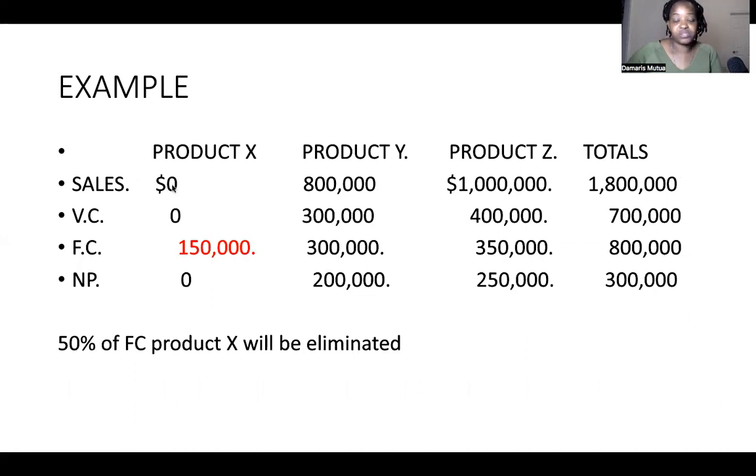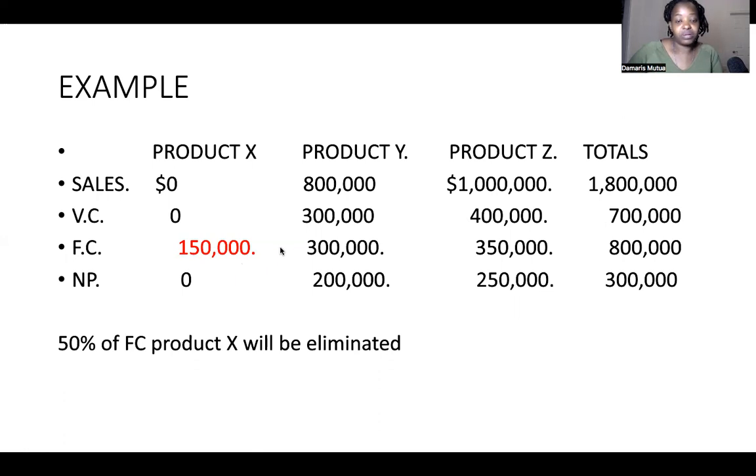So the sales for product X will be 0, the variable cost will be 0, fixed cost 150. What remains, because 50% is being eliminated and 50% remains. And the net profit will be a negative 150.